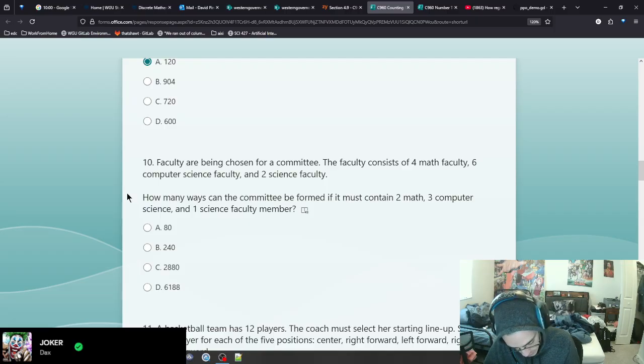And we have 2 science. And the restriction is we need two 1s for the math, 3 1s for computer science, and 1 for the science. Okay.